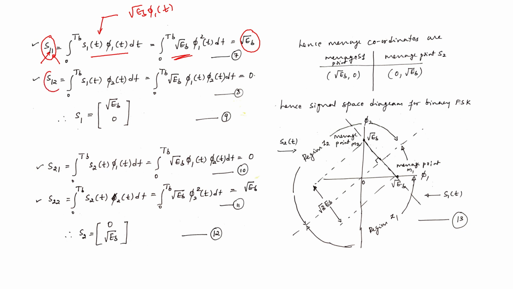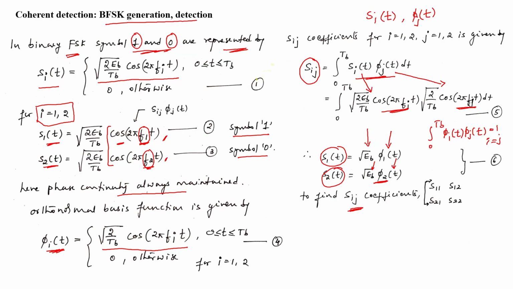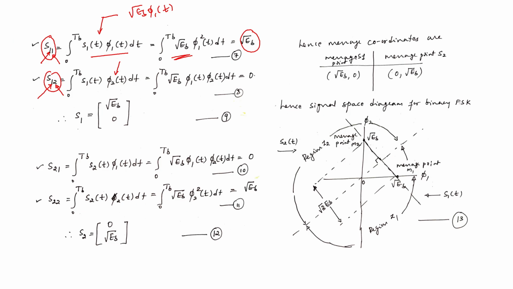Similarly, S12 is the coefficient depending on the second orthonormal basis function. 1 stands for the signal S1 of t transmitted and 2 stands for the second orthonormal basis function. So substitute S1 of t as shown here, square root of Eb into phi 1 of t. By using the orthonormal property, the integral from 0 to Tb of phi 1 of t phi 2 of t, because i is not equal to j, the second vector value here is 0.